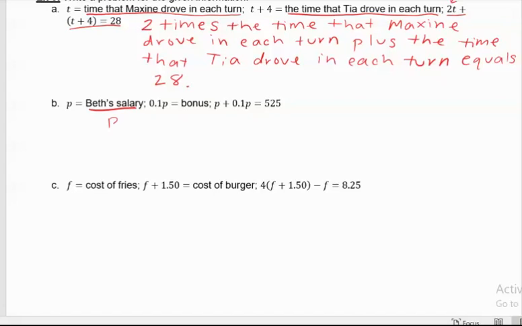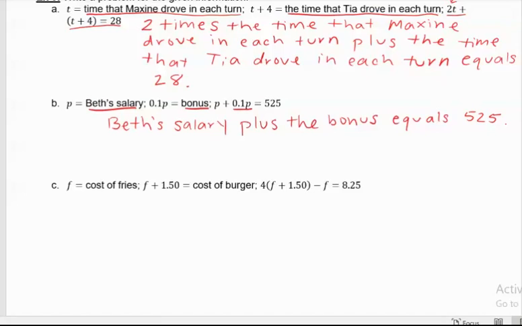So I'm going to write Beth's salary plus, now 0.1 P represents her bonus. Okay, so I'm going to write plus her bonus equals 525. So I wrote a sentence using the context.